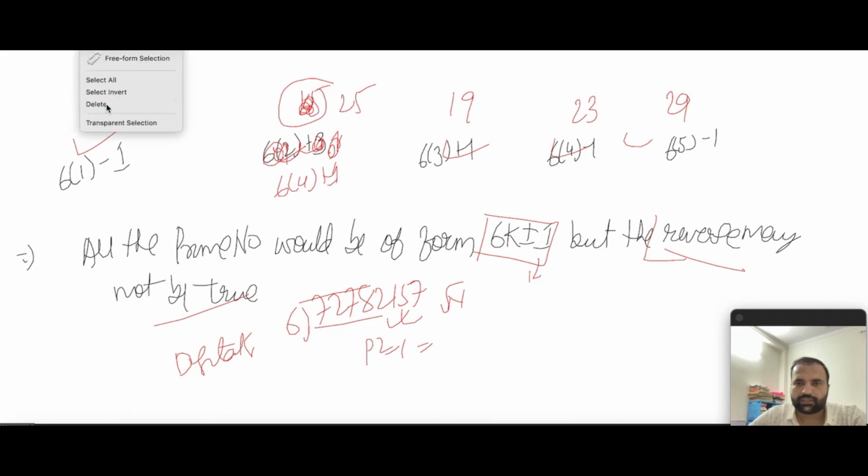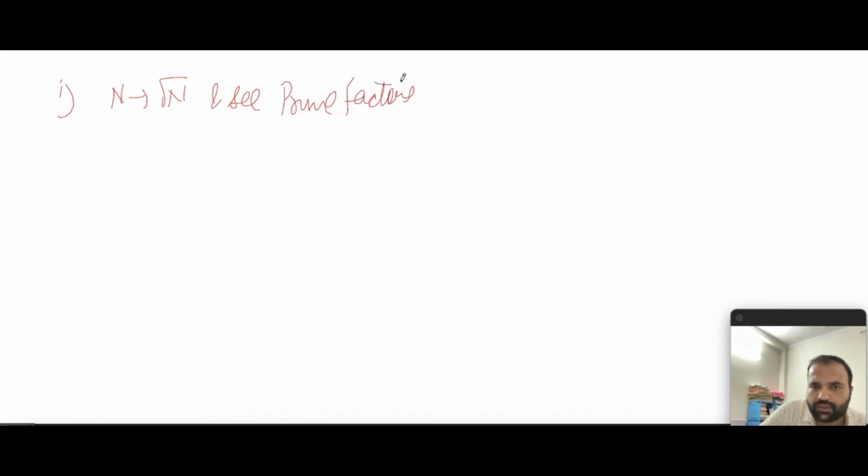Okay, so these are some of the ways to check if the numbers are prime, and I'm just writing it again over here. The first method was, if the number is n, you can just take the square root of the number and see whether all the prime factors less than or equal to that root divide it or not.